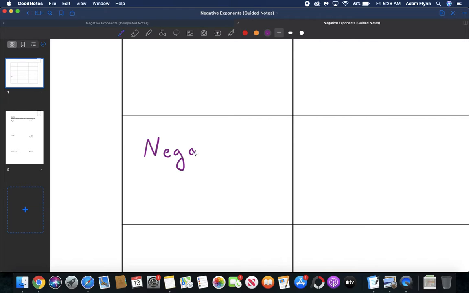Negative exponents. Okay, so the general formula that we have for negative exponents is we'll be given a base in the form x.